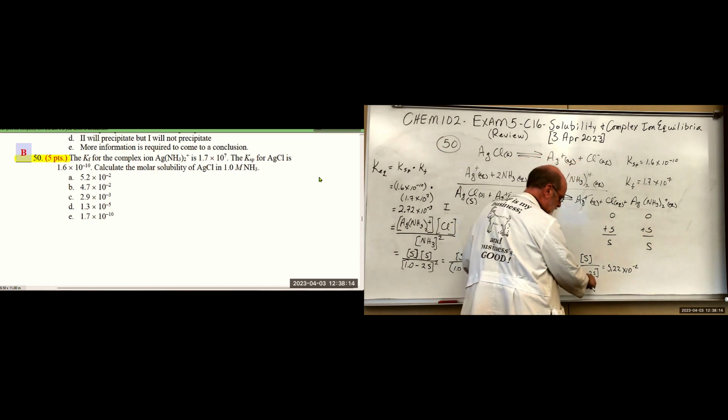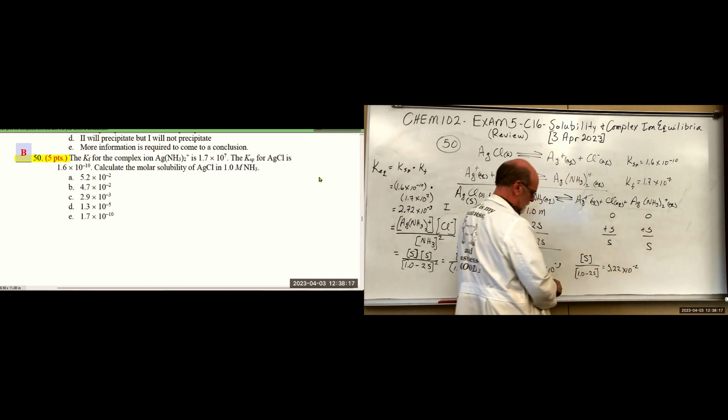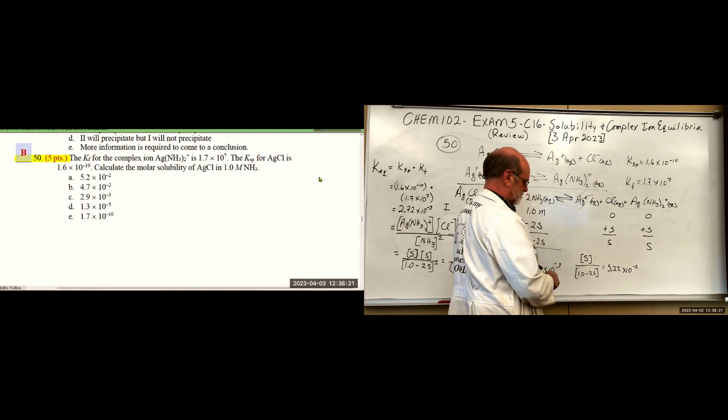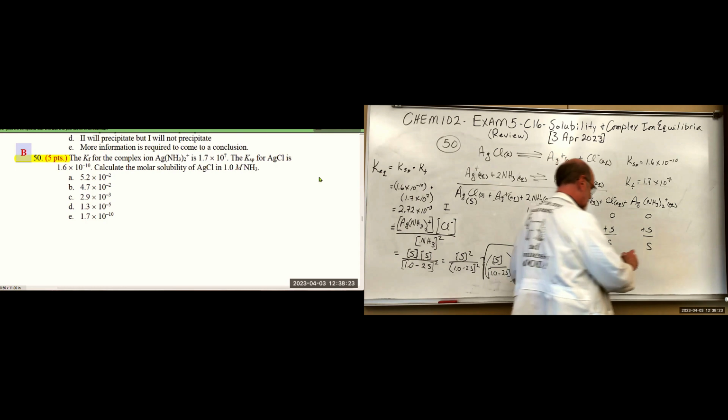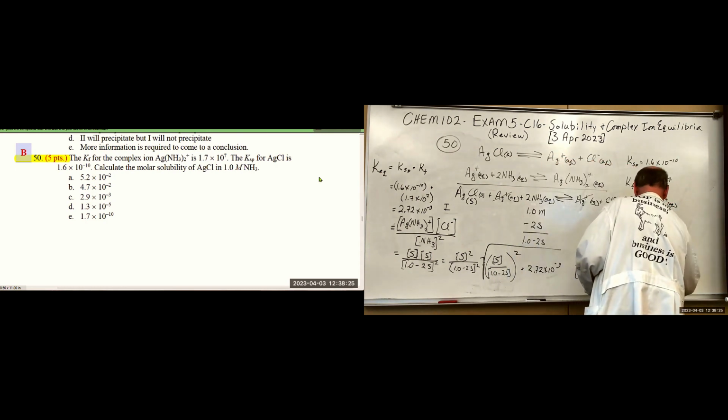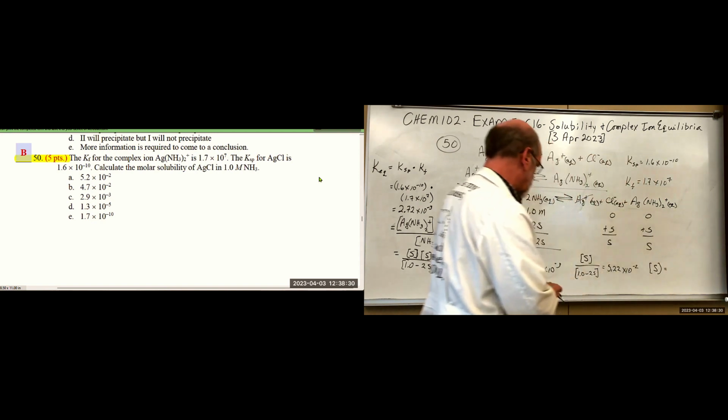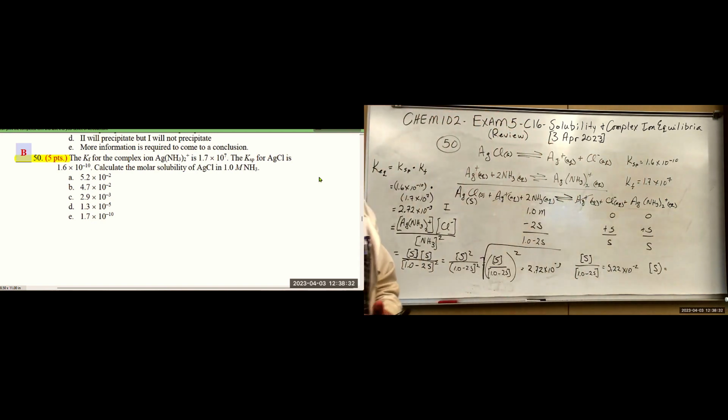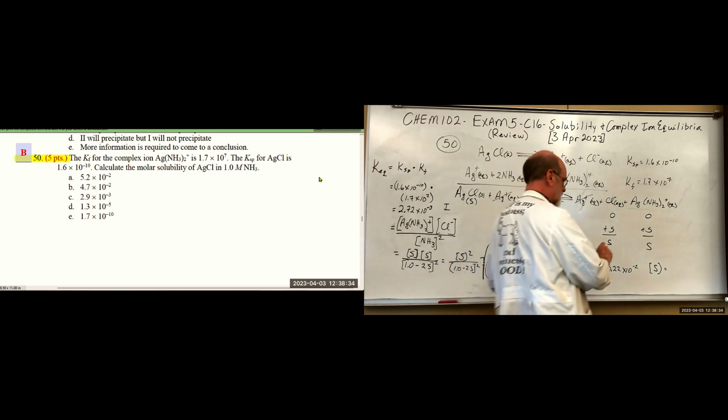Then we need to multiply this one times that value and solve for s. All right. And in the interest of time, I'm going to give you the answer: 4.7 times 10 to the minus 2.